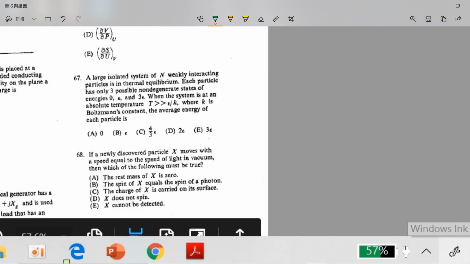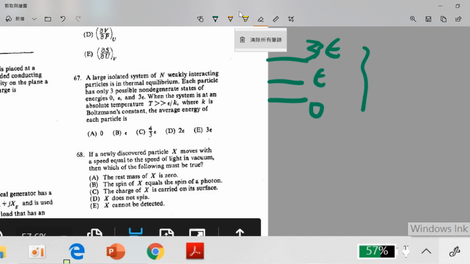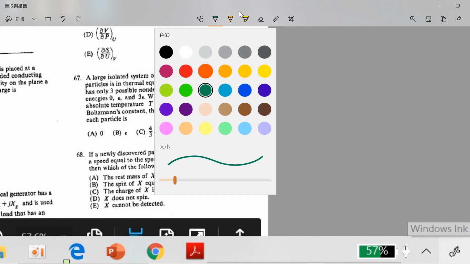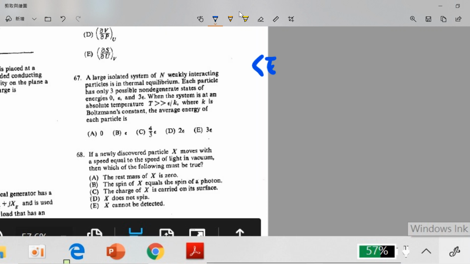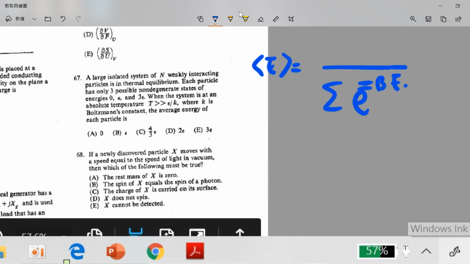Okay, so 67. There's a large isolated system of weakly interacting particles. So you have 3 possible states, 0, epsilon, 3 epsilon, and it asks about if the temperature is very high, then what is the average. Okay, so everybody knows about the partition function and standard statistical mechanics.